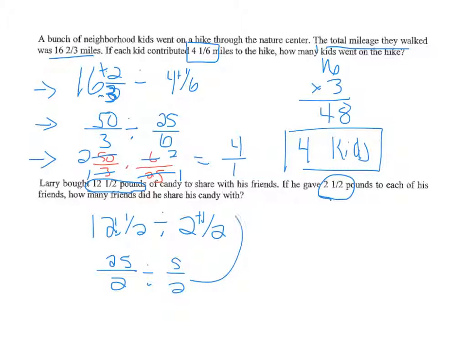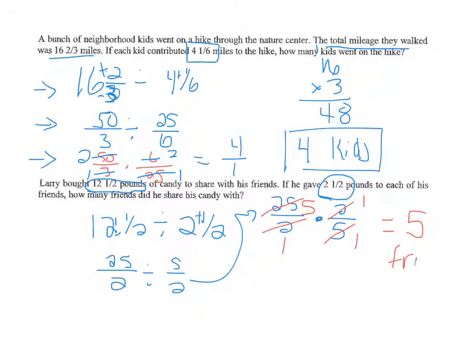So then I'm going to do my keep, change, flip. And again, I can see that I have some things that I can cancel. 2 goes into 2 once, it goes into 2 once, 5 goes into 5 once, it goes into 25 5 times. So when it's all said and done, he has 5 friends to share it with.